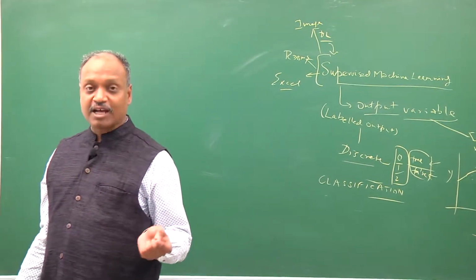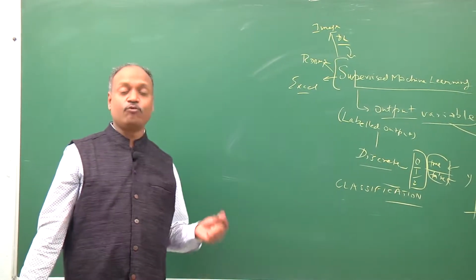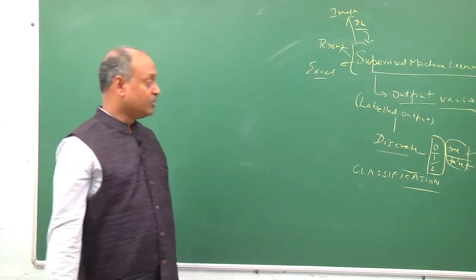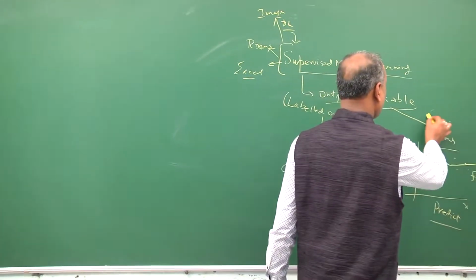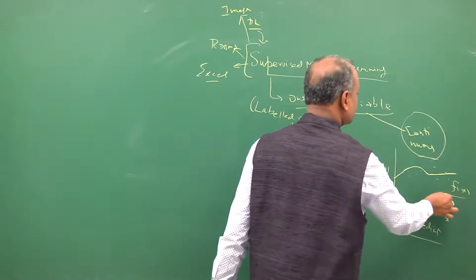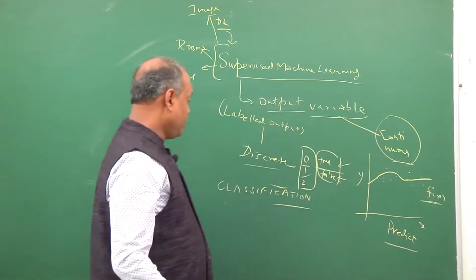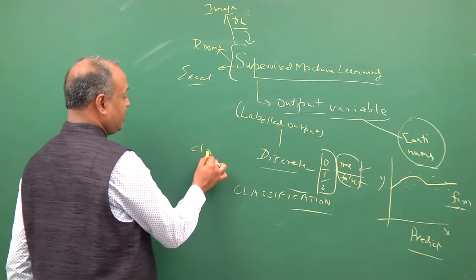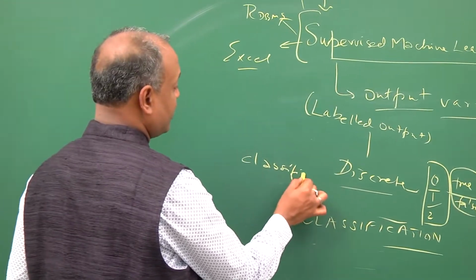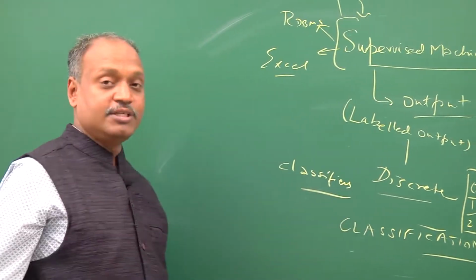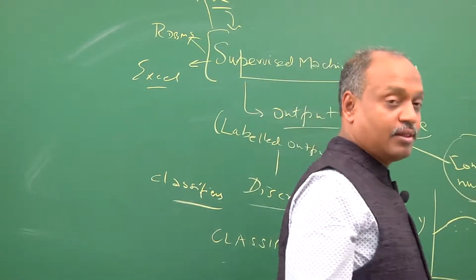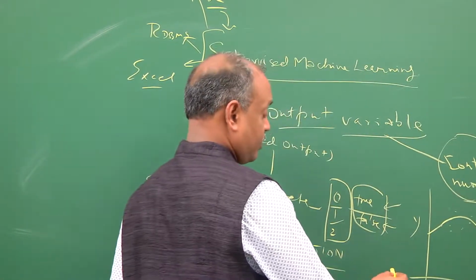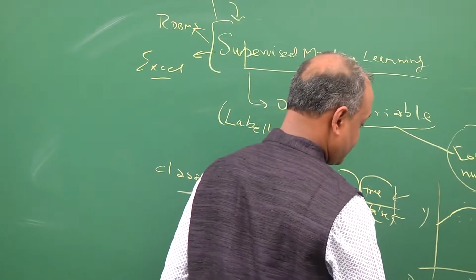It's not a future class, but a potential future value for a future input value. So in that sense, continuous variables produce functions as a result of machine learning, whereas in case of discrete, they produce classifiers as an output. This is the basic difference between classification and what we call the continuous output variable scenario, regression.